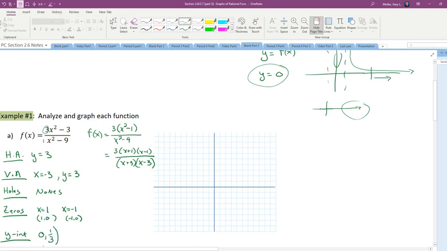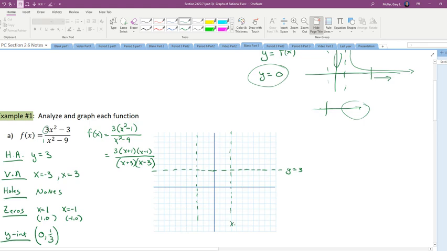All right, let's see what we know. Horizontal asymptote at y equals 3. Label it. Vertical asymptotes at, that's weird, I wrote x equals and y equals, x equals -3 and x equals +3.